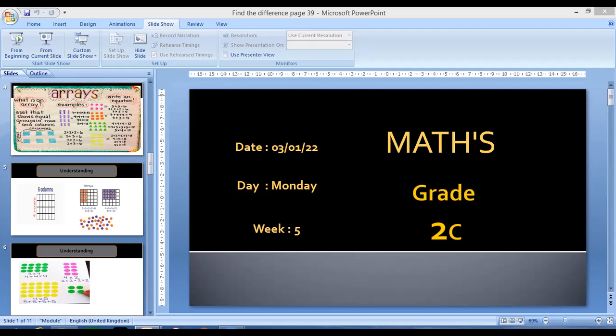For example, you can see here the pink dots. How many dots are there? 1, 2, 3. When you see the columns, there are 3. And when you see the rows, there are 2. So we are going to add 3 plus 3, two times, equals 6.